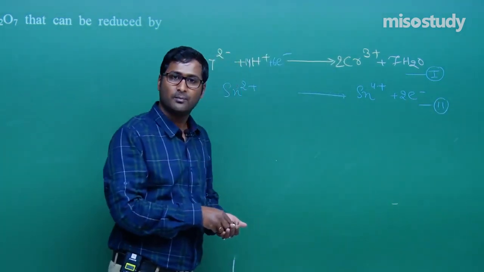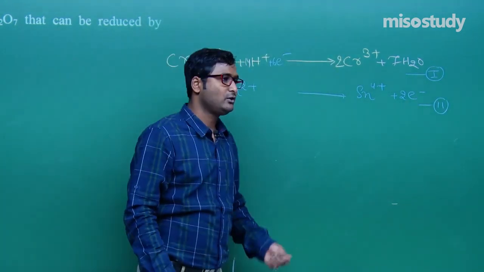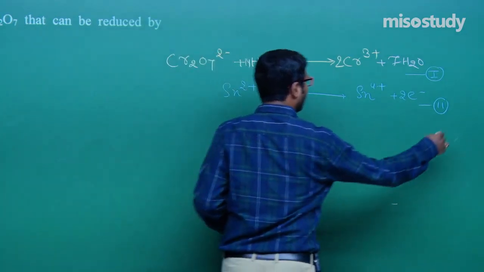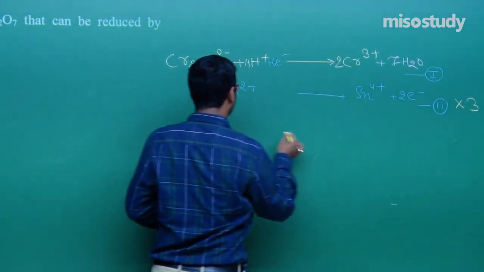Now balance the number of electrons, the total gain and total loss of electrons, multiply by 3 here. Now what will happen?